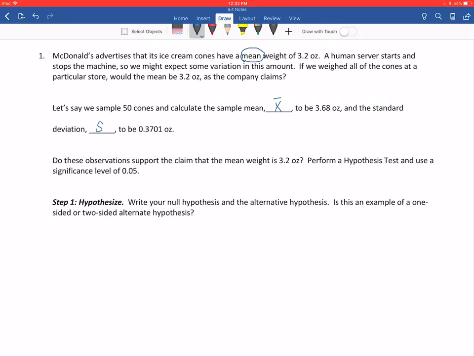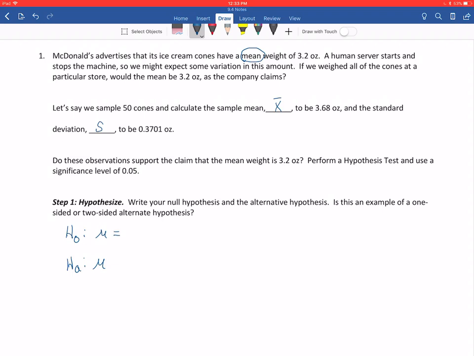Okay, so our first step is to actually write our hypotheses, our null and our alternative. Difference in symbolism now. Because we're talking about a mean, we're going to be hypothesizing about the population mean, which is symboled with mu. Those were p's in chapter 8, p's for proportion, but now we're in mean world, so we're using mu.